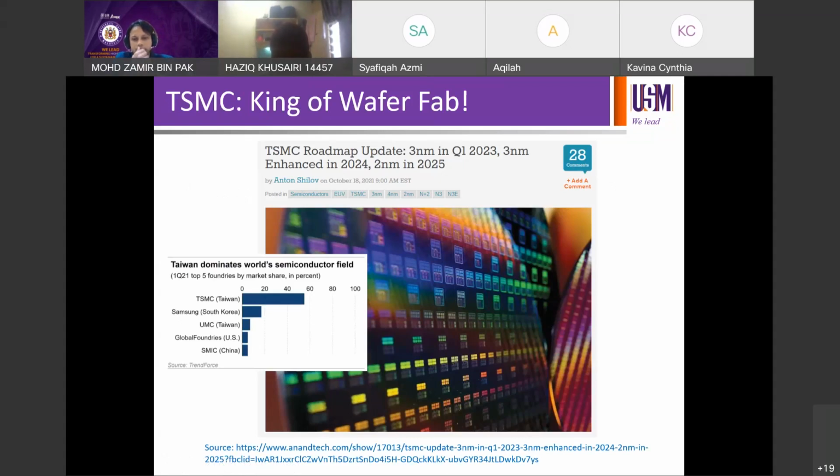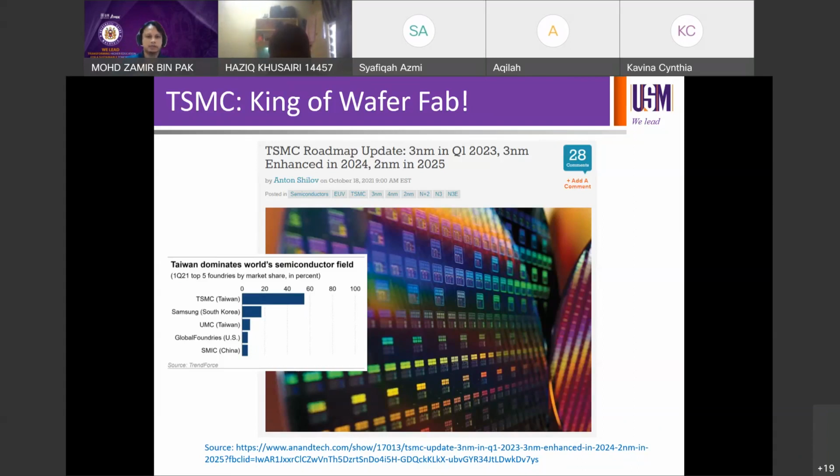This is just a recent capture that I read on the internet about their plan for the 3 nanometer that will be released hopefully in Q1 2023. So that's like 2 years from now to get 3 nanometer technology in the market. And then the advanced version of 3 nanometer technology in 2024. And then we're going to have 2 nanometer technology in 2025. So it's going to be super exciting in the next few years.